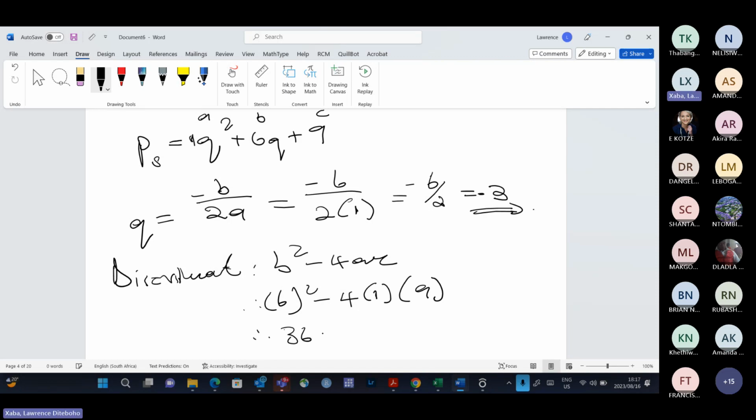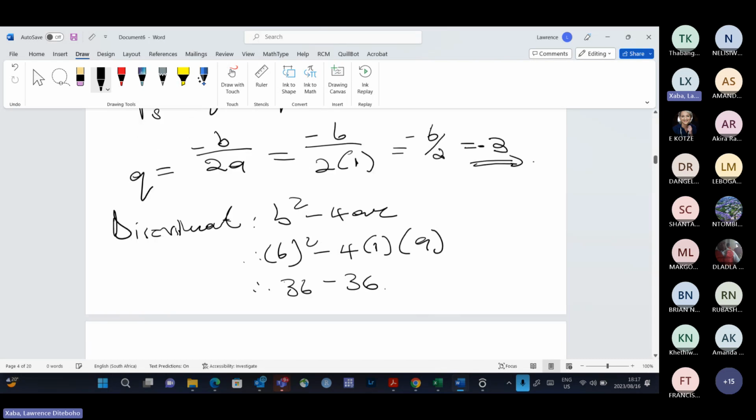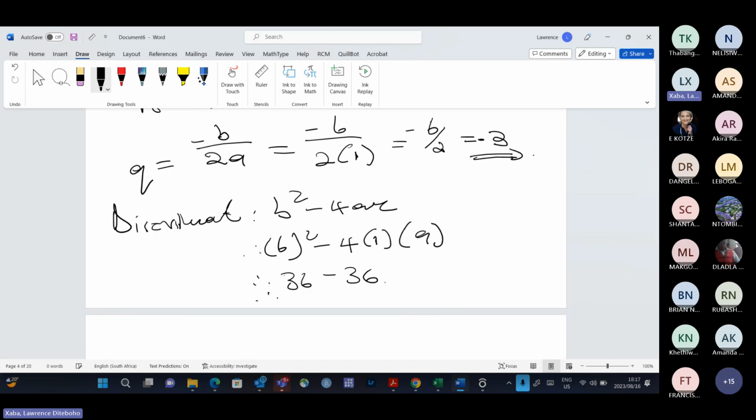Then we have 36 minus 4 times 1 times 9, also 36. So you can see it touches the x-axis at one point, where our answer is 0.